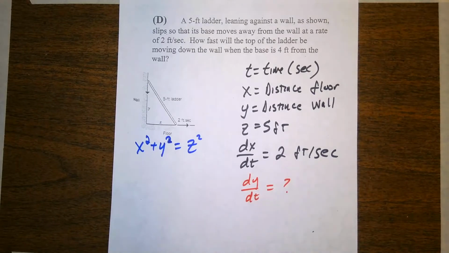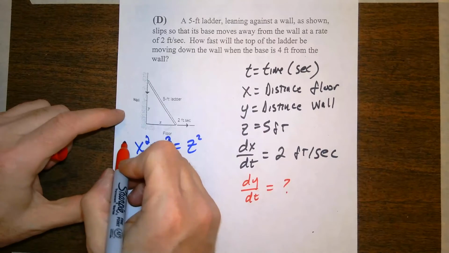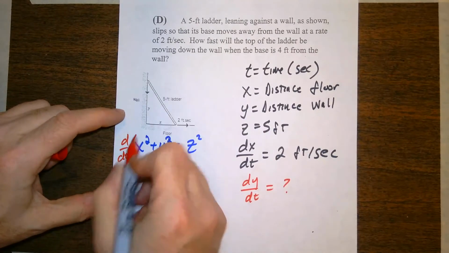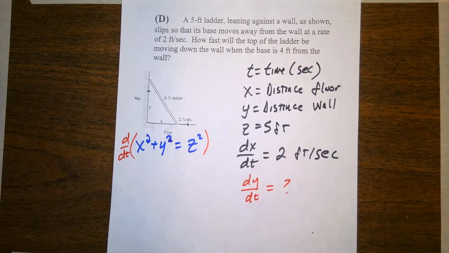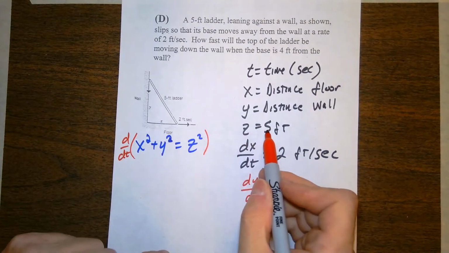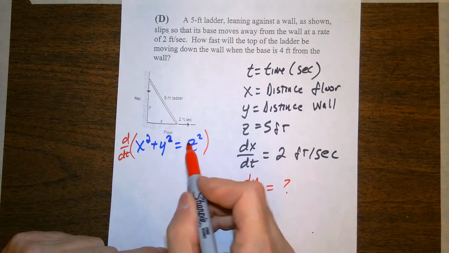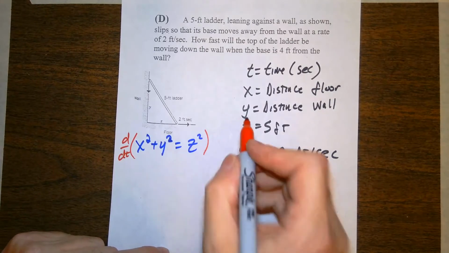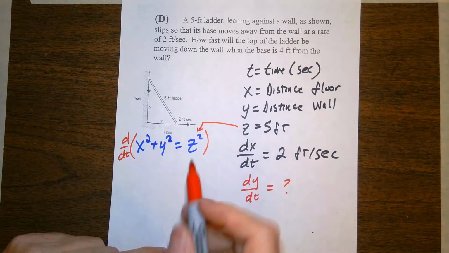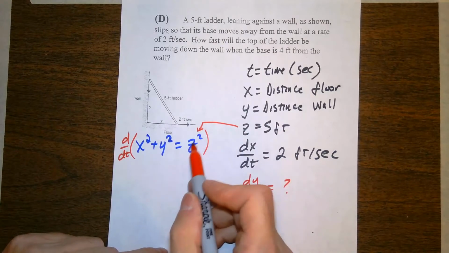We're going to differentiate that equation with respect to time. So what is the derivative with respect to time of that function? Now also notice that my z here is a 5. This is a 5. 5 squared. That's going to be a constant. The z is a 5. And when we take the derivative, z squared is 25.